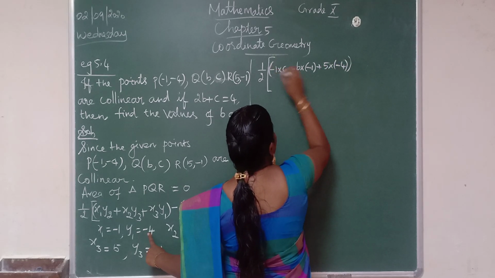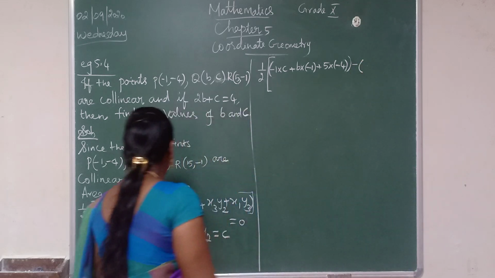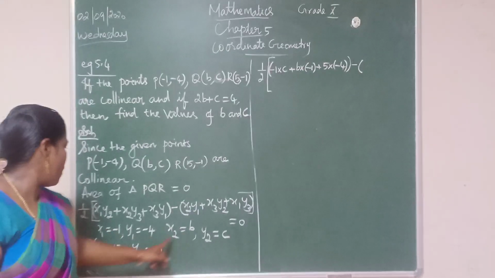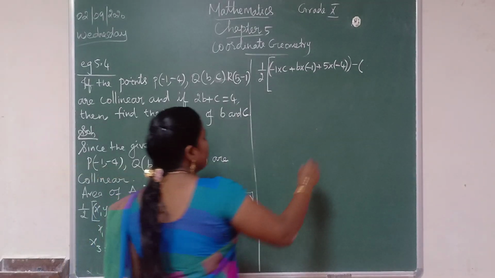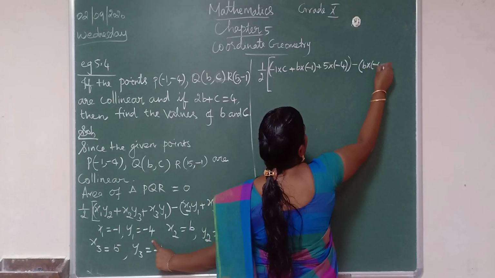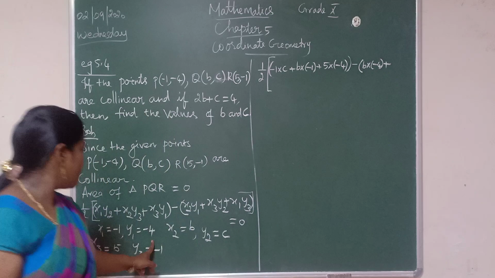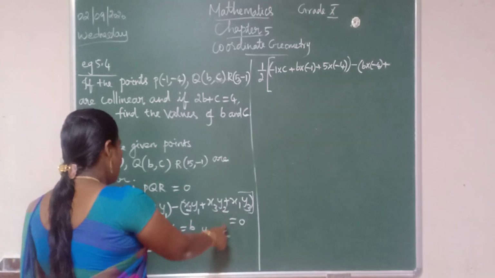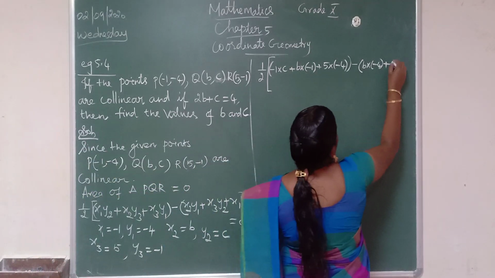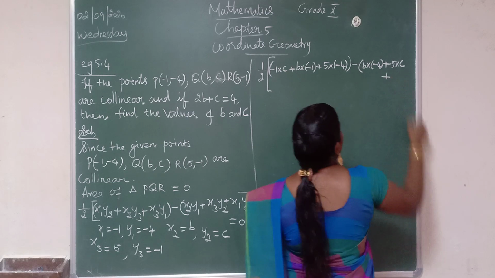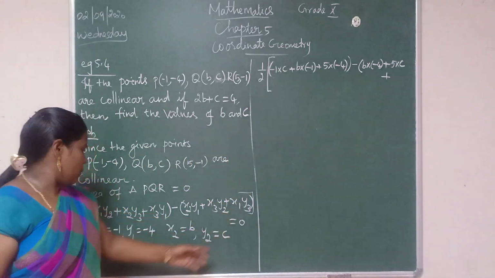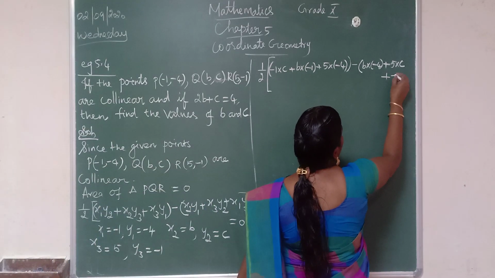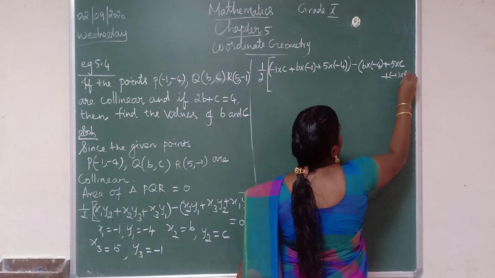Close the bracket. In the next bracket, minus of, we have x2 y1. x2 is b and y1 is -4, so b into -4, plus x3 y2. x3 is 5 and y2 is c, so 5 into c, plus x1 y3. x1 is -1 and y3 is also -1, so -1 into -1.